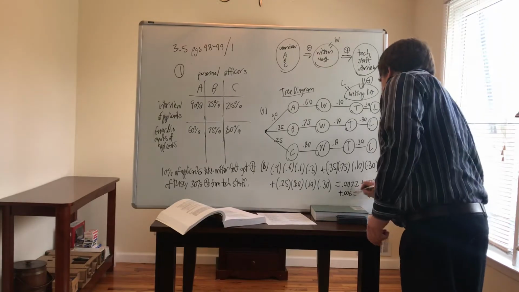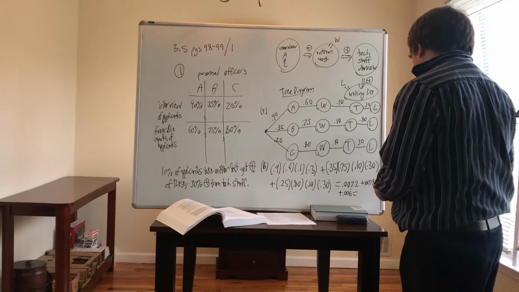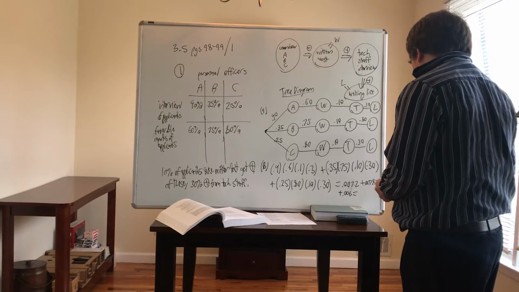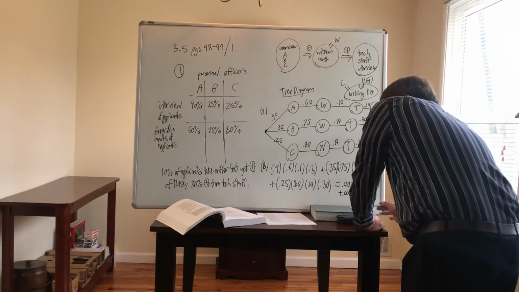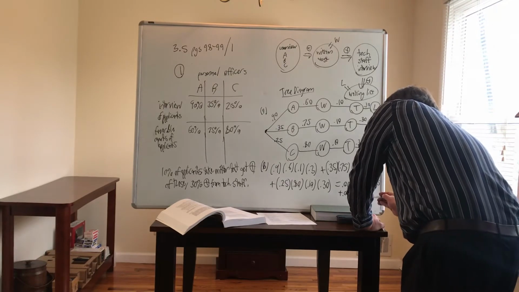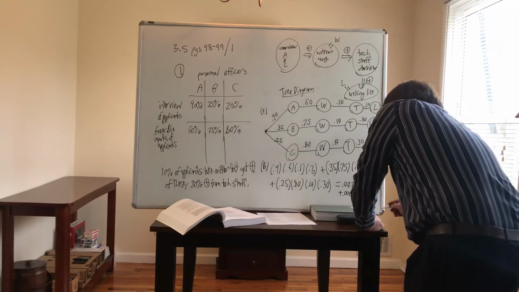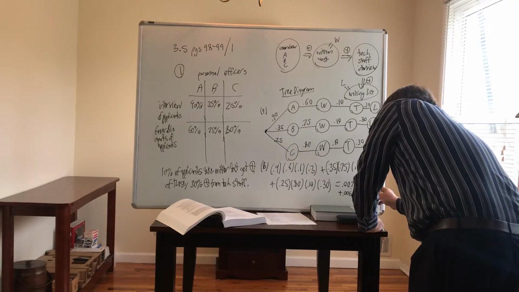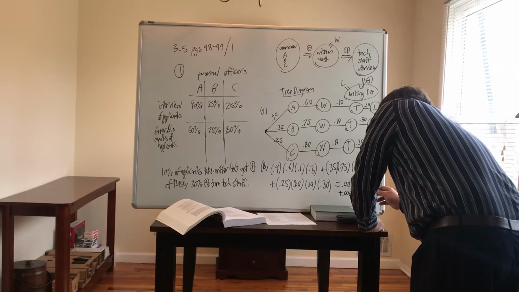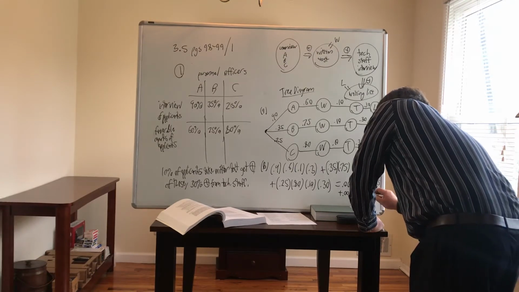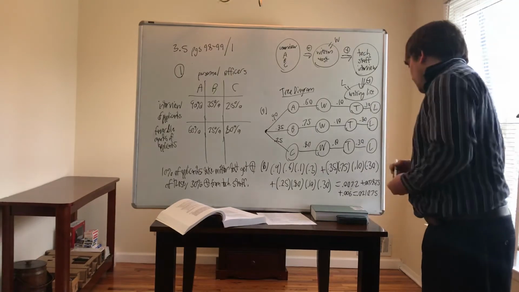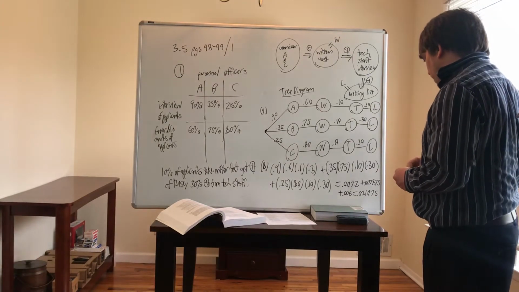And if you add those up, you get, so there's a 75 there. And then there's a 4 here, and there's a 0 there, 15, 21. So you get 0.021075.